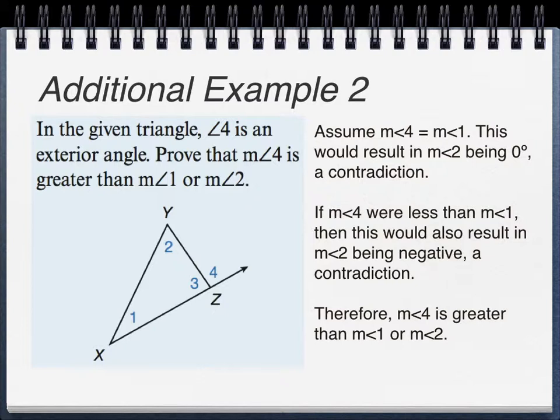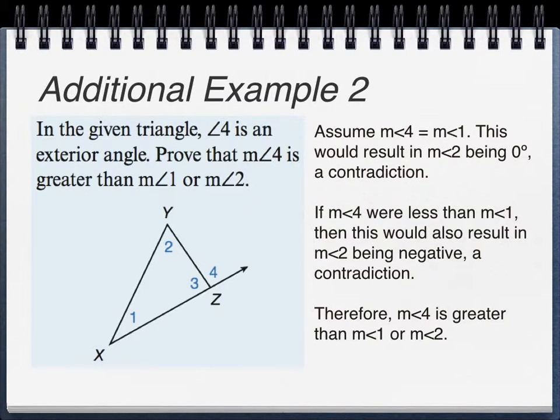So we'll kind of prove this by contradiction. If they were equal, that will result in the measure of angle 2 being 0 degrees, because the exterior angle theorem of a triangle would say the measure of angle 4 equals the measure of angle 1 plus the measure of angle 2.